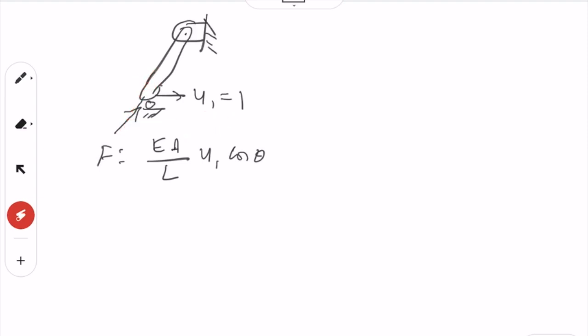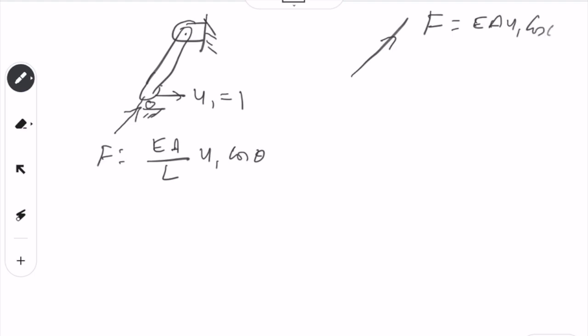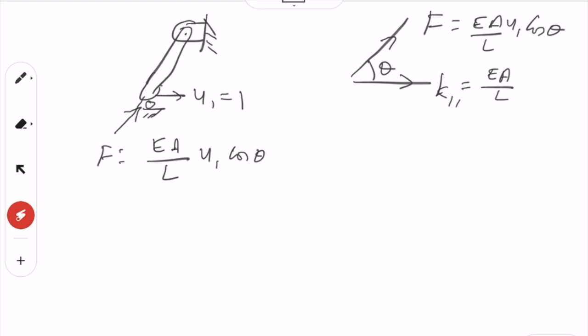If you have force F equal to EA over L u1 cos theta, and this is theta, then the component in this direction will be K11. K11 is equal to EA over L, and we apply u1 equal to 1.